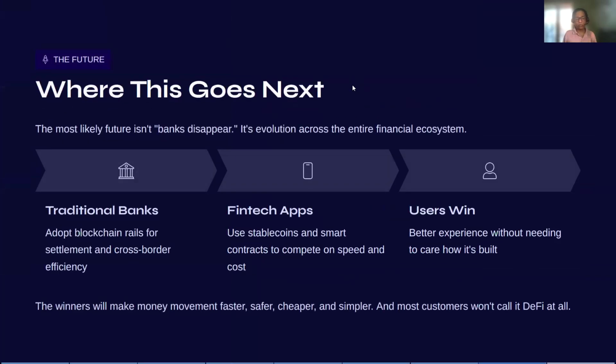So where does this go next? The traditional banks have started implementing blockchain technology because they understand its real potential, and they're not going to go away. The traditional banks will still exist.